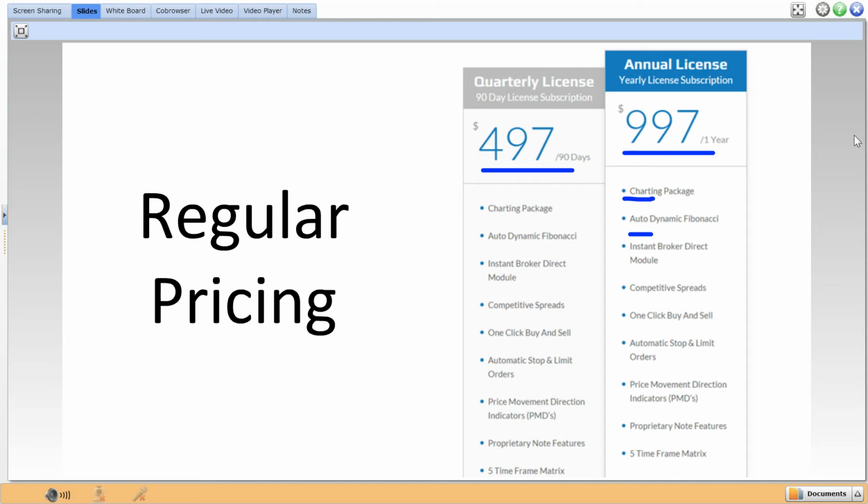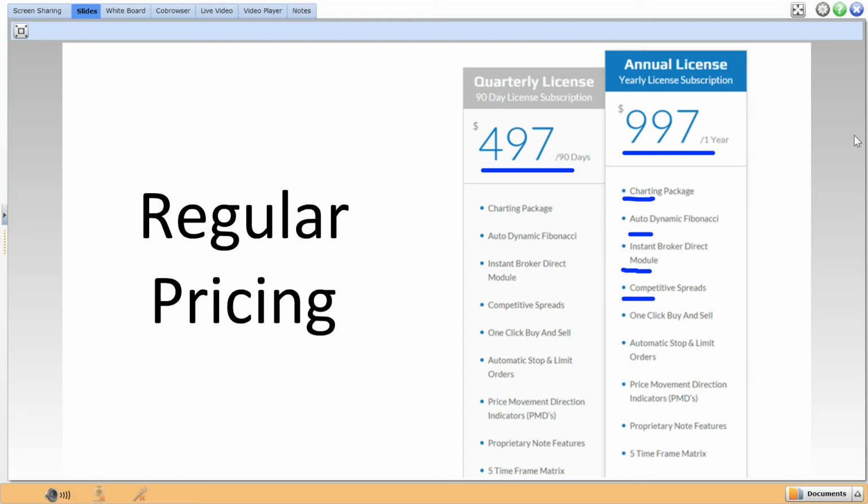That's what we call our Instant Broker Direct module. It's in the platform. Spreads, which I'll elaborate a little bit more. We've got something new coming for international clients as well, which is going to have even better spreads.